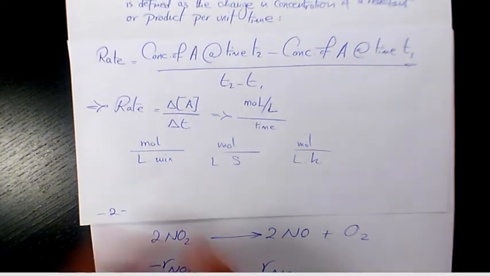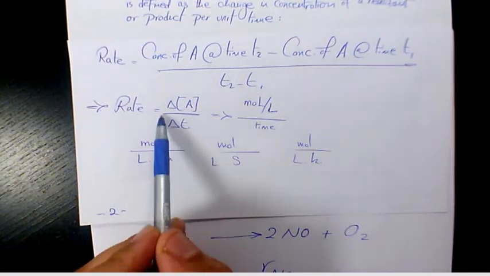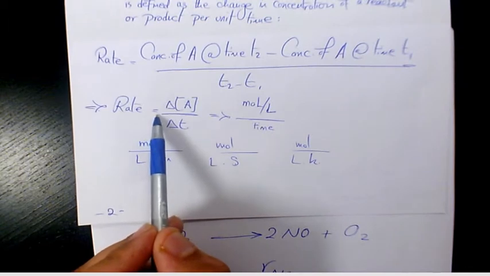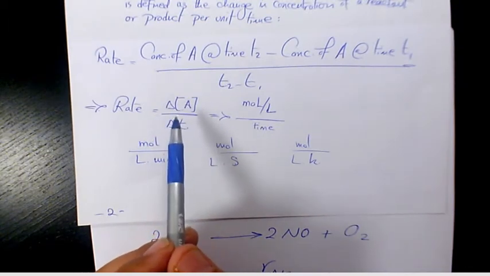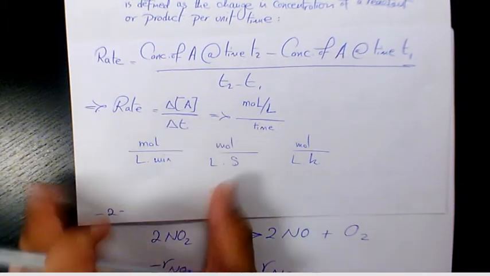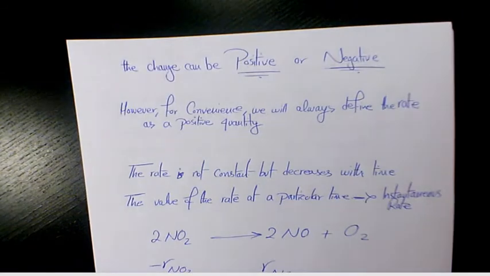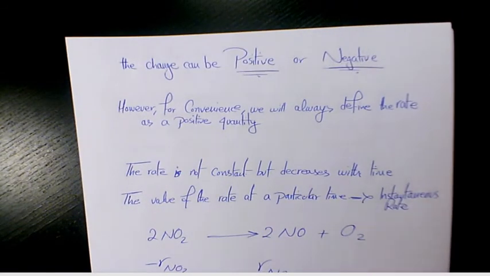So if we put a negative sign in front of this fraction when we are dealing with a reactant, the rate of reaction by agreement is going to be positive all the time. Although this ratio is sometimes positive and sometimes negative, for reactants we put a negative in front of it to make it positive.